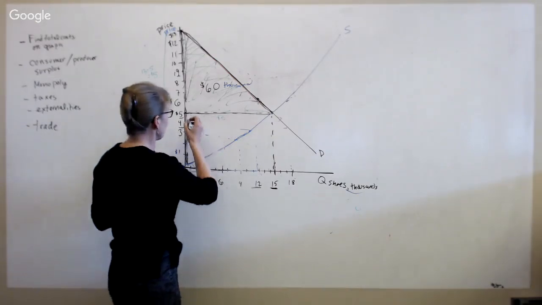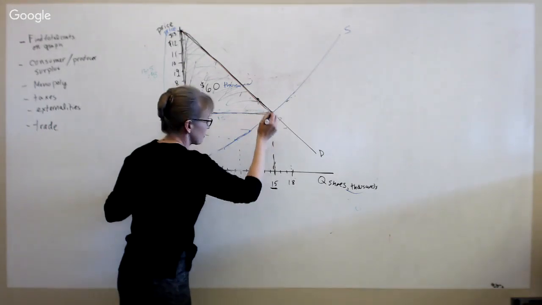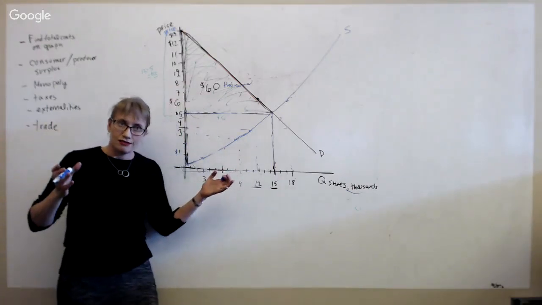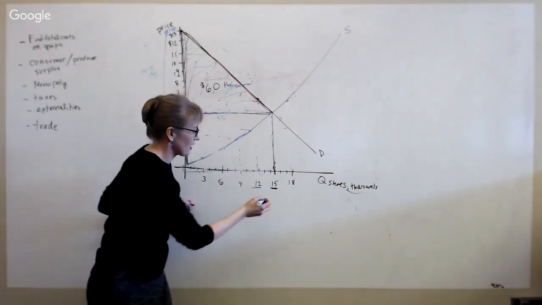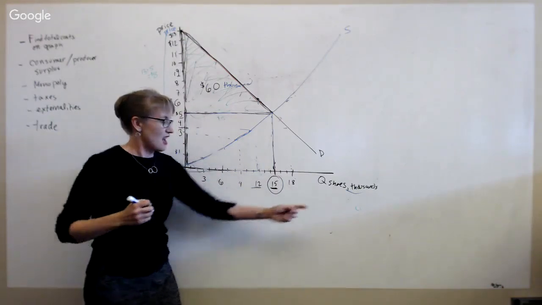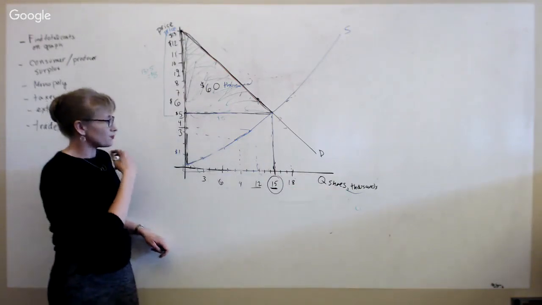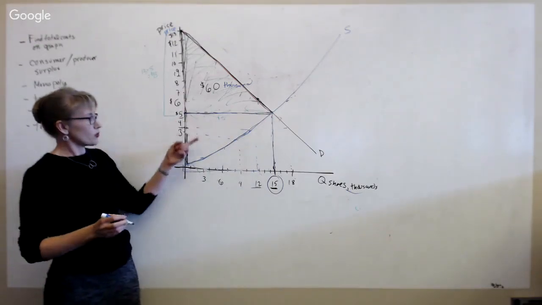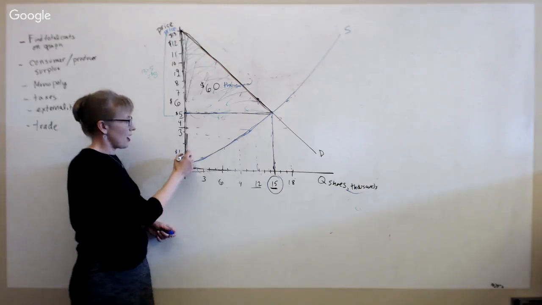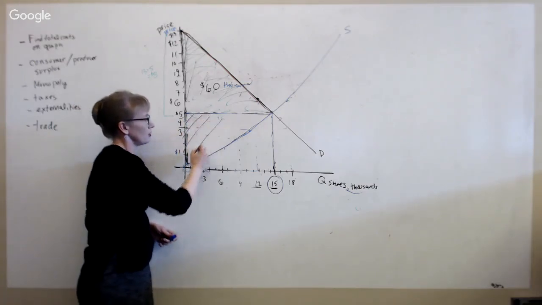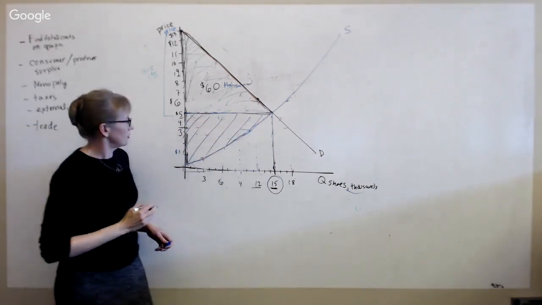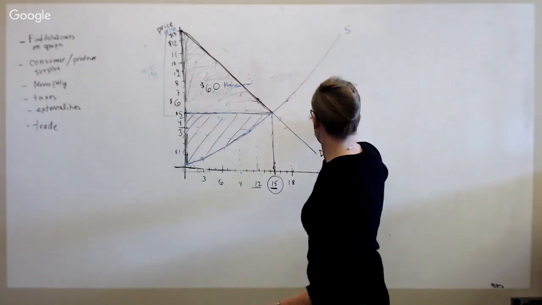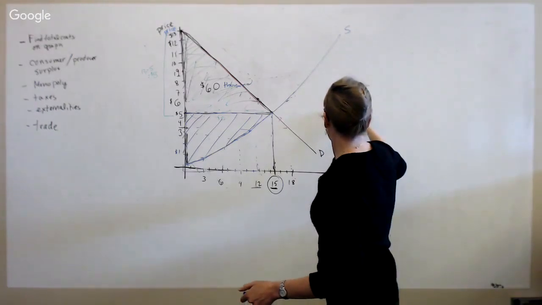So in this picture here, at a price of $5, our producers are, not coincidentally, willing and able to bring 15,000 shoes to market. And we can find our producer surplus as the area of this triangle right here. The area of a triangle is 1/2 base times height.